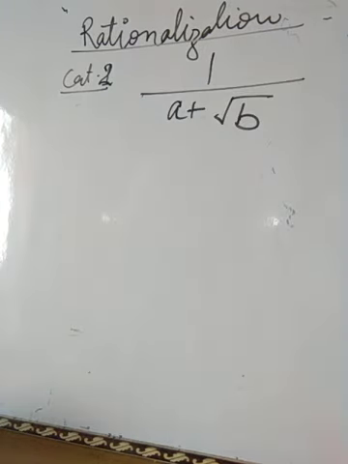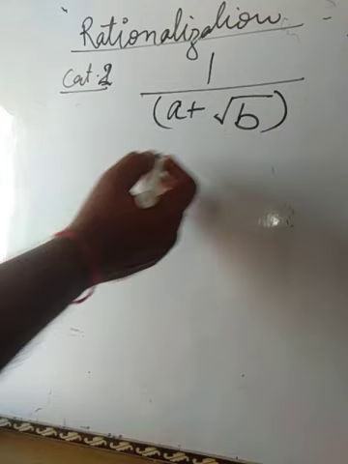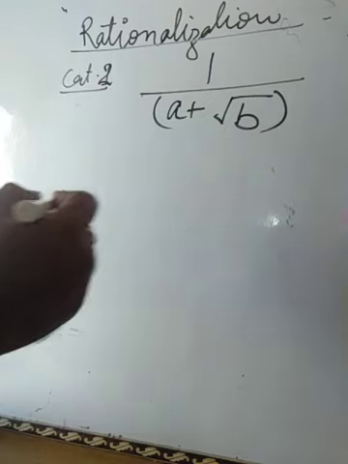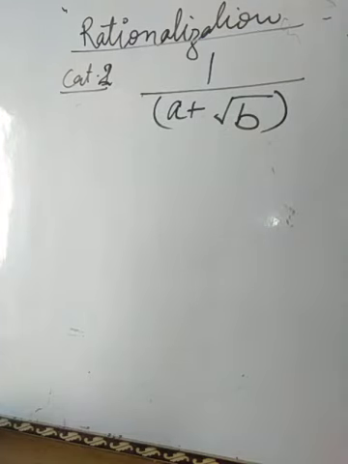To solve such questions, you have to write the rationalizing factor of this a plus root b, and the rationalizing factor of a plus root b is always a minus root b, and that is known as the conjugate of it.